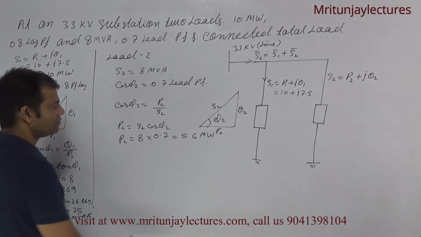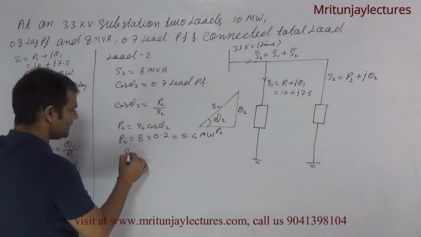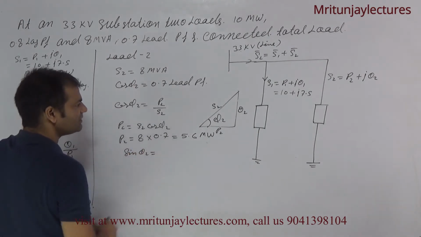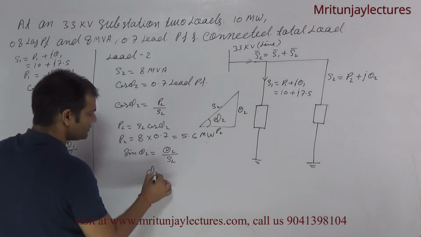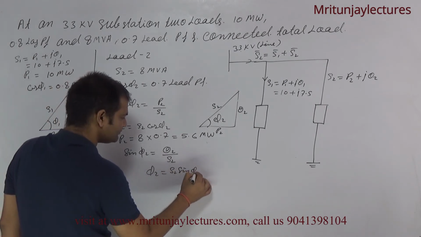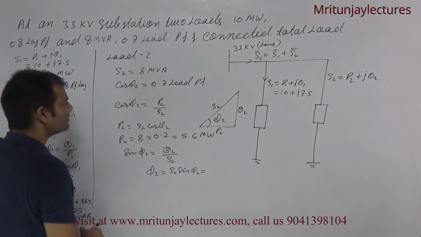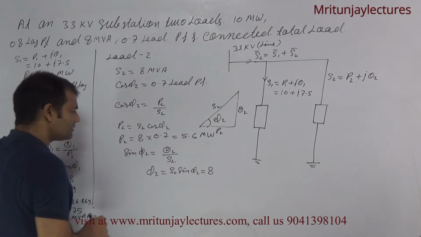What about Q2? Q2 is calculated with the help of sin phi 2, which is equal to Q2 divided by S2. So Q2 is equal to S2 into sin phi 2. S2 is equal to 8. And what about sin phi 2?